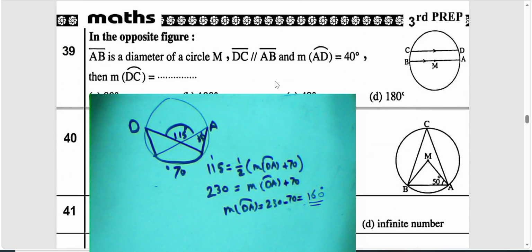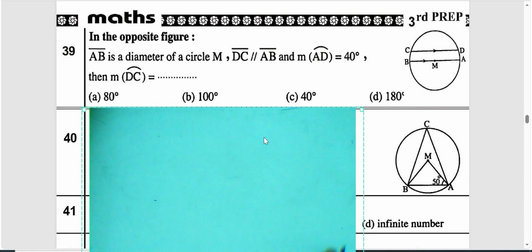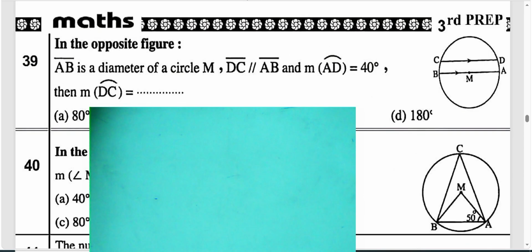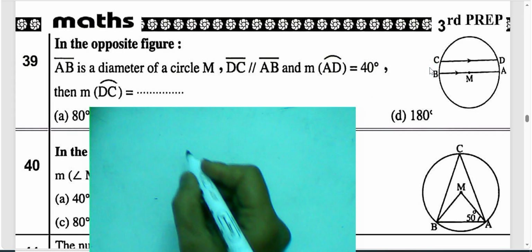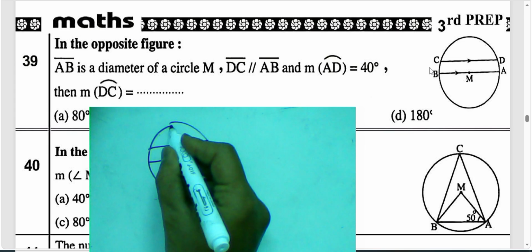Next question. In the opposite figure, we have EP, the diameter of the circle. They are parallel. He gives you the measure of arc AD as 40 degrees. Then the measure of arc DC is equivalent, and also the measure of arc BC is equivalent, also 40 degrees. The remainder is about half of the circle. We know half of a circle equals 180.